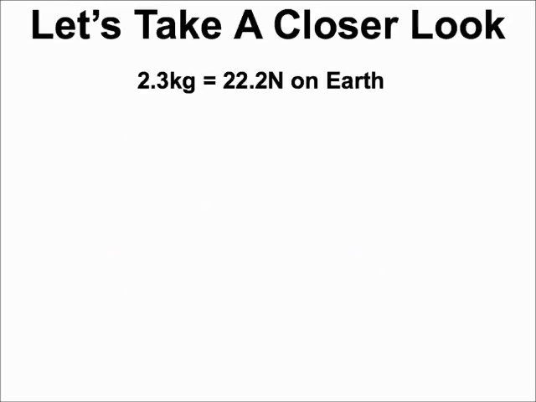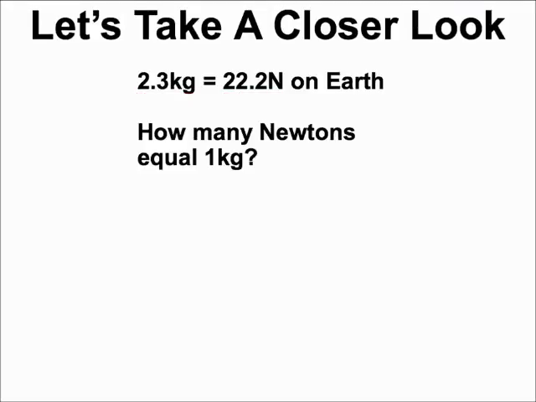Now I want to go back to that bag of flour demonstration. We said that that bag of flour had a mass of 2.3 kilograms. And we said that that mass of 2.3 kilograms led to a weight of 22.2 newtons. So this makes me ask the question, how many newtons equal 1 kilogram? Well, let's look and see.